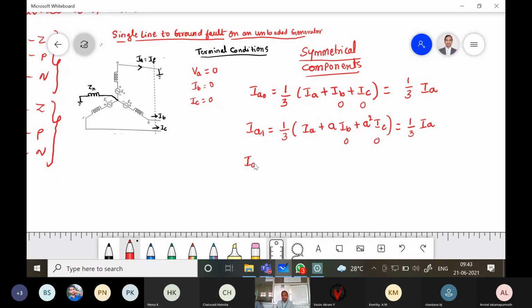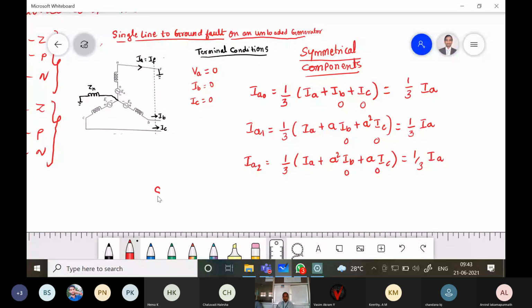Similarly, IA2 is equal to 1 by 3 times of IA plus A square IB plus A IC. In this case also, IB and IC being 0, we get 1 by 3 times of IA.